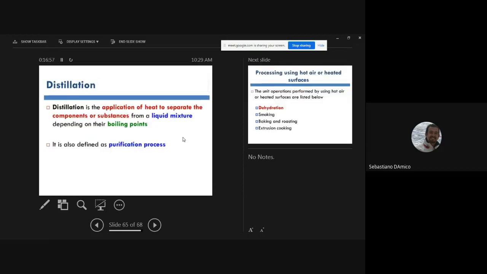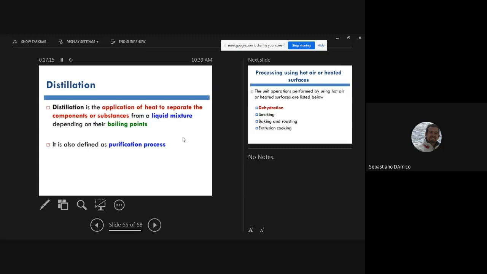Distillation is actually a nice process that makes several good things out of it. It's the application of heat to separate the components of a substance from a liquid mixture depending on the boiling point.